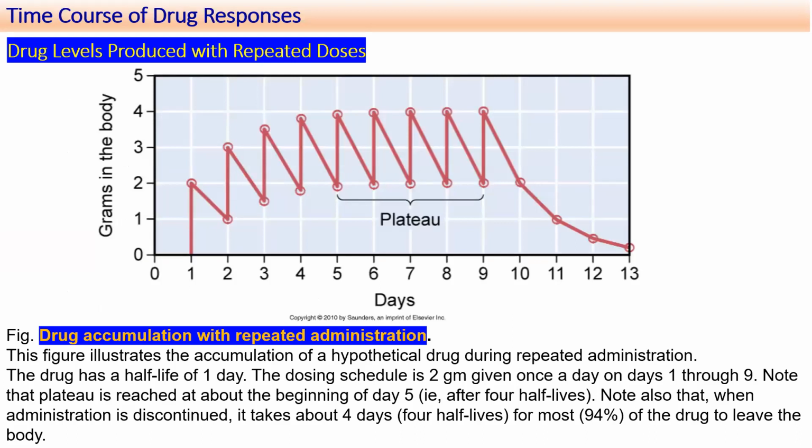That's how we achieve the plateau after 4 half-lives. We have a steady level or concentration of the drug in the blood after 4 half-lives, or after 4 doses of the drug.